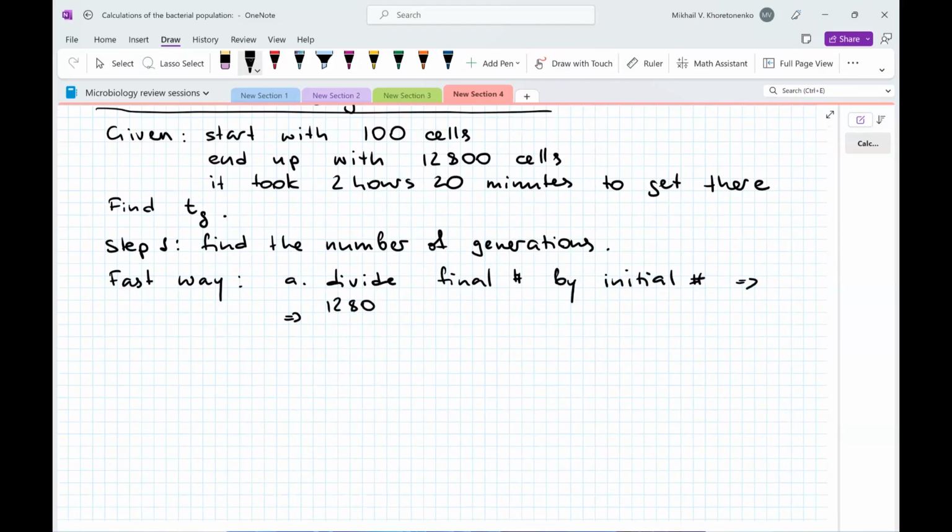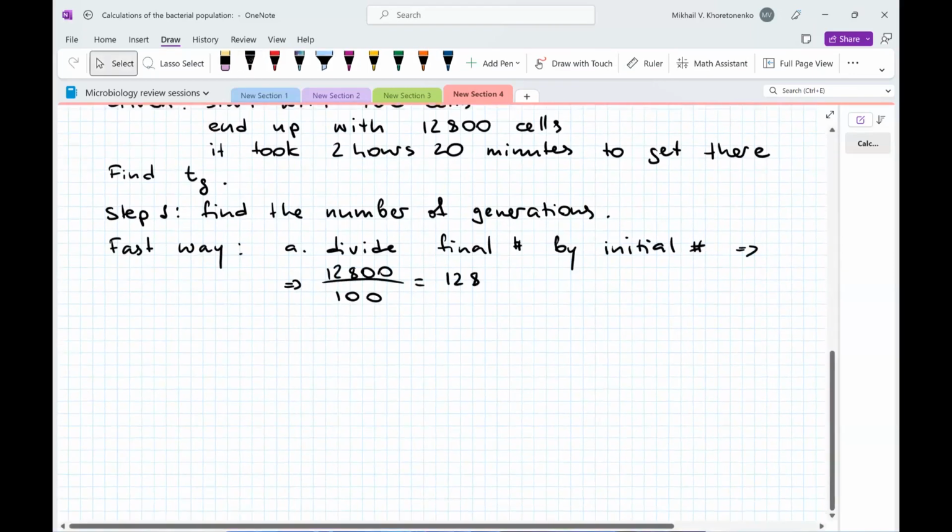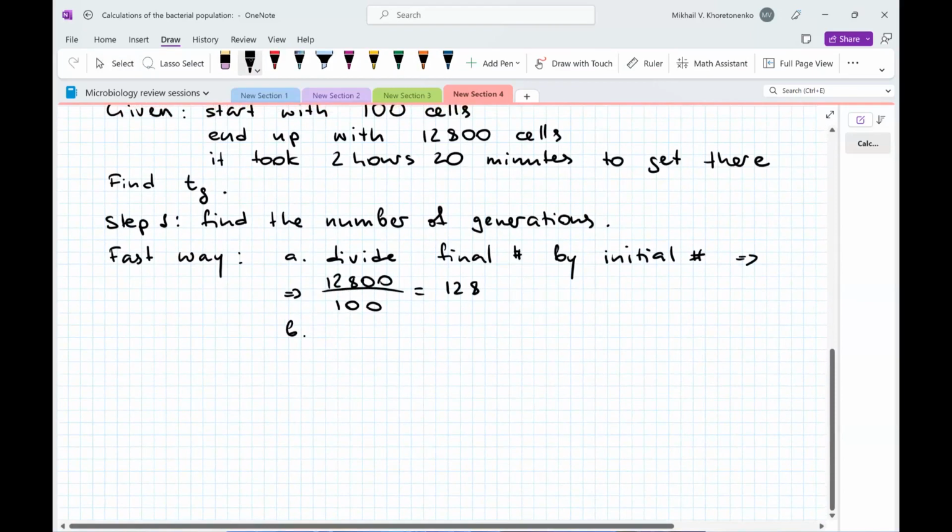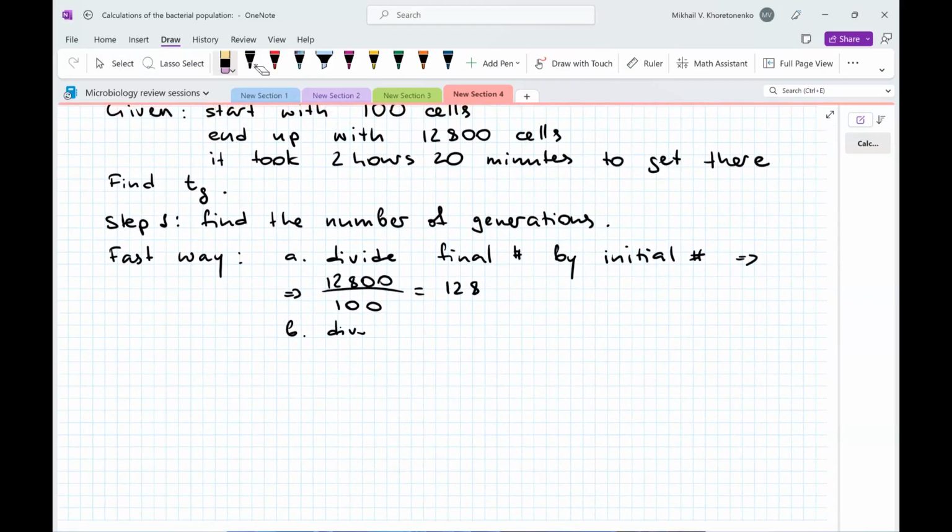So you divide 12,800 by 100, which gives you 128. Then take a logarithm with the base of 2 from 128.